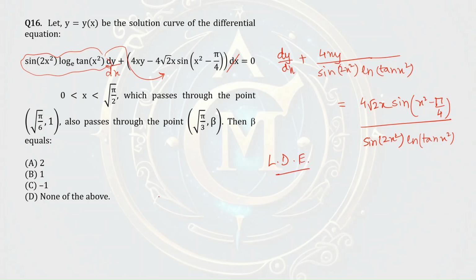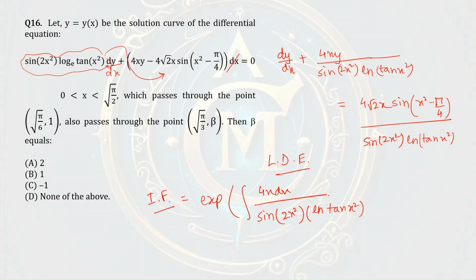That means we have to calculate the integrating factor first. Integrating factor will be e to the power, so exponential integral of this function of x multiplied with this y. That means integral 4x dx divided by sine of 2x square times log of tan x square, and we take this integral in the power of e.